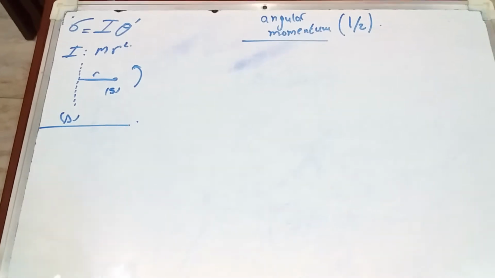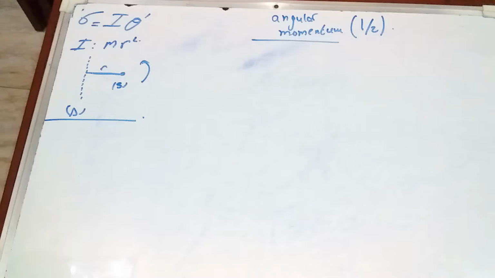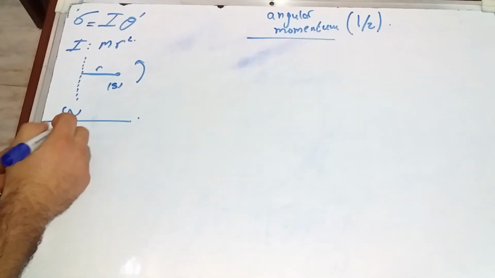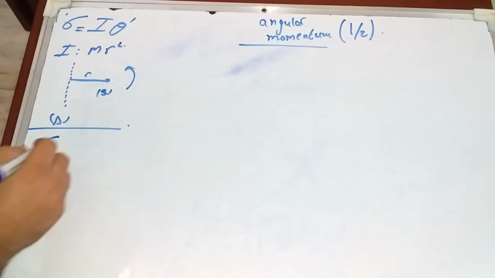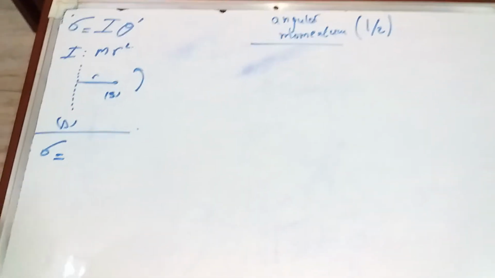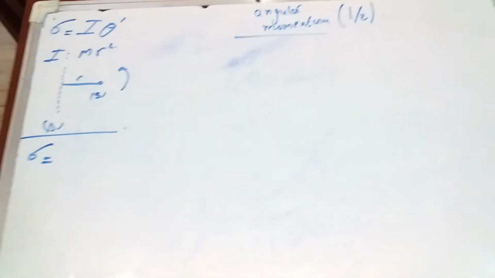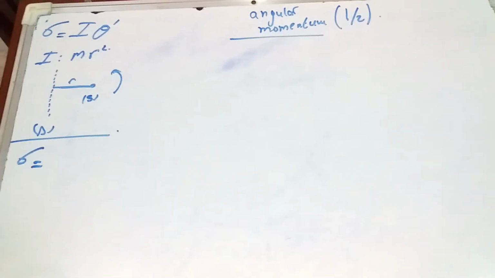Now if we have a system of particles that are rotating about an axis delta, so sigma will be, because we have many particles, we have to sum up all of their angular momentum.